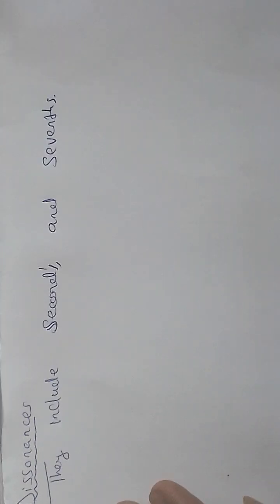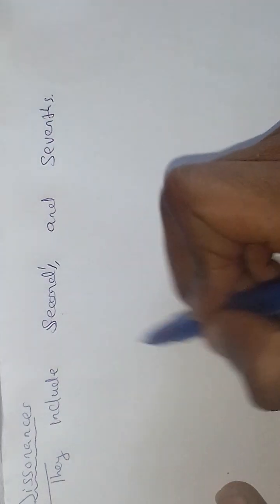Remember, for seconds, we can have two notes, that is 2 degrees, like do and re. Do, re forms a second, and when these two notes are played consecutively or simultaneously, they produce a very harsh sound.